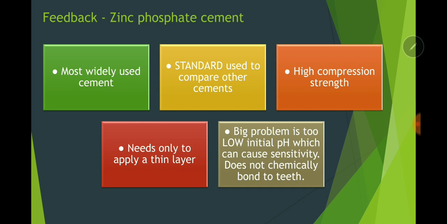It has high compression strength and it needs only a thin layer applied. Now, the big problem with zinc phosphate cement is it has too low initial pH, which can cause sensitivity, and it does not chemically bond to teeth. In the second series, we discussed that glass ionomer cement also has initial low pH and can cause initial tooth sensitivity.